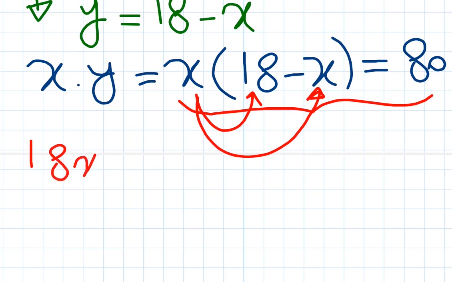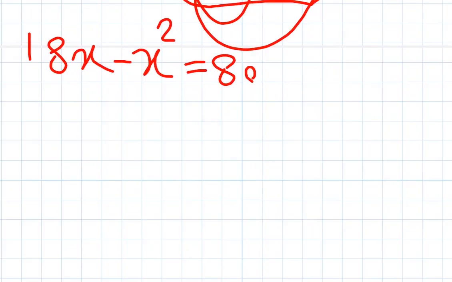So my equation resembles a quadratic equation. I will simplify this form again. I will move everything to one side, so I bring this negative x squared to the right side. It becomes positive x squared minus 18x plus 80.